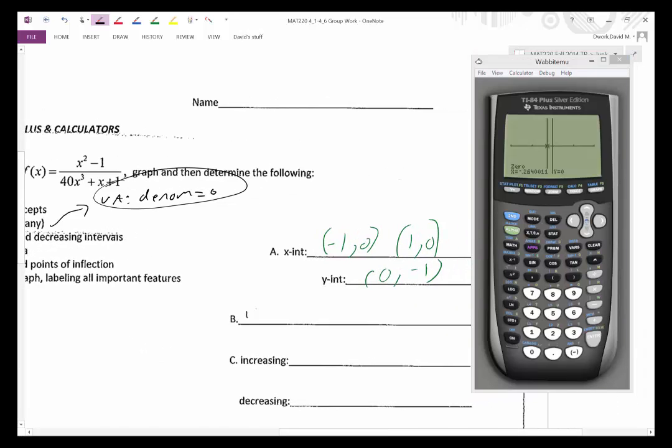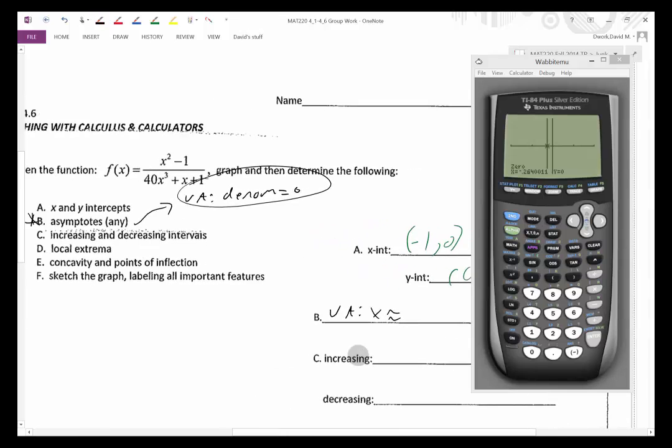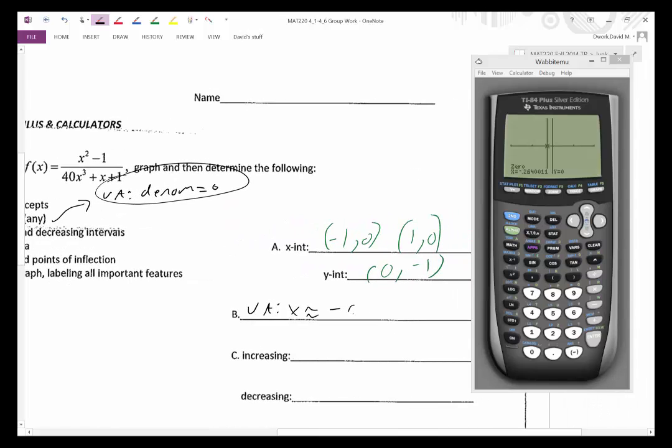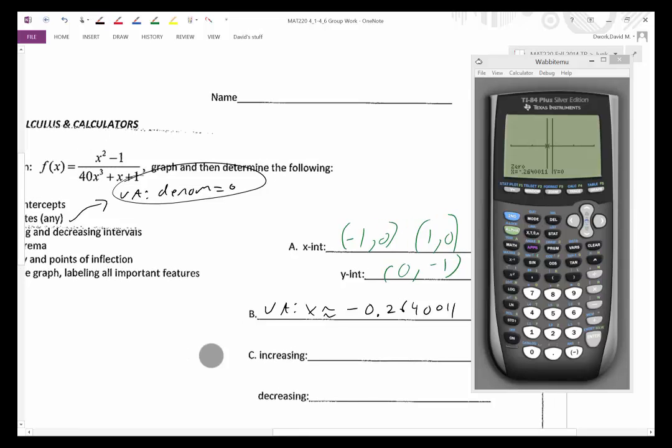I'm going to have a vertical asymptote at x approximately -0.2640011. So again, we're not going to get the exact value, but this gets us a very, very close idea of where our vertical asymptote is, and good enough for what we're doing since we're using calculators.